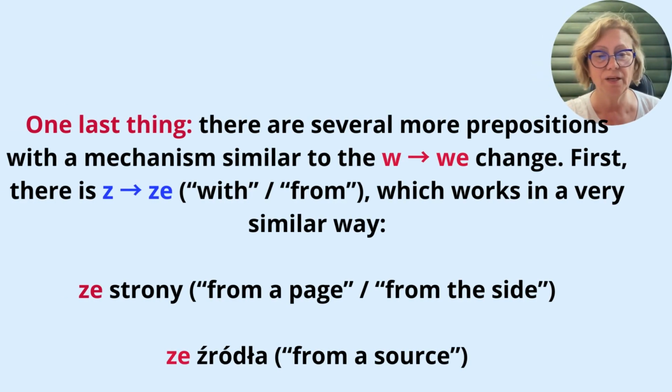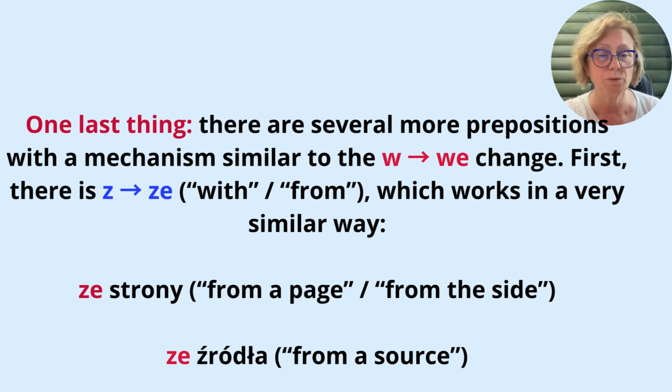One last thing. There are several more prepositions with a mechanism similar to the w change. First, there is z, with from, which works in a very similar way. Ze strony, from a page, from the site.